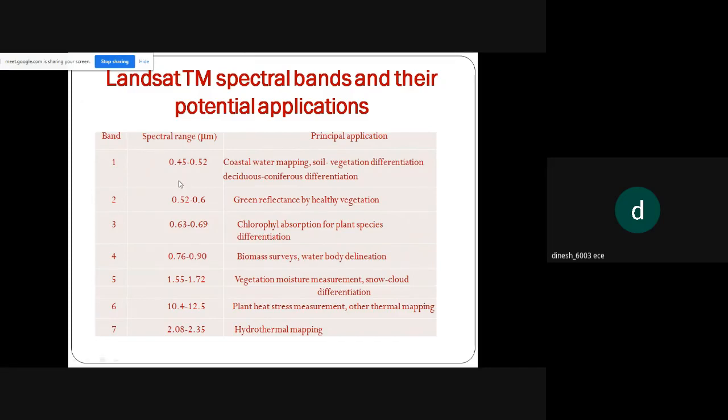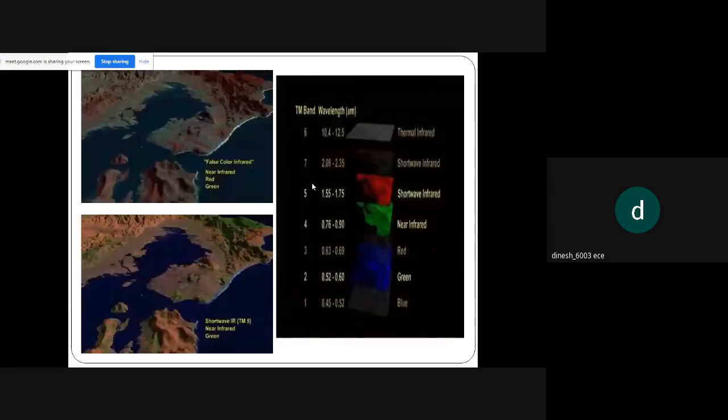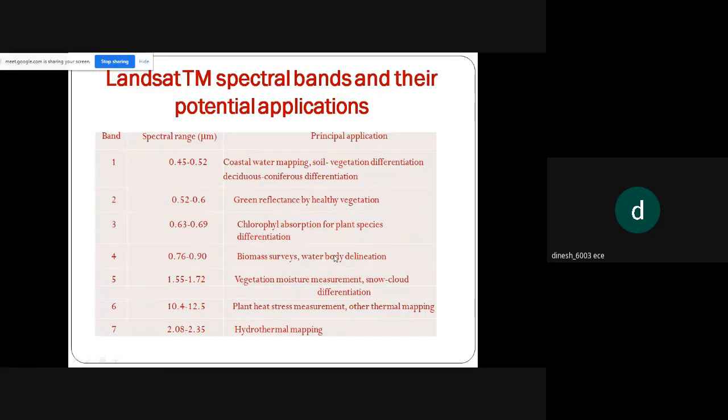Band 1, having spectral range from 0.45 to 0.52, is used for water mapping, soil vegetation differentiation, and deciduous coniferous differentiation, which is blue color. Then 0.5 to 0.6 micrometers: the principal application is green reflectance by healthy vegetation.